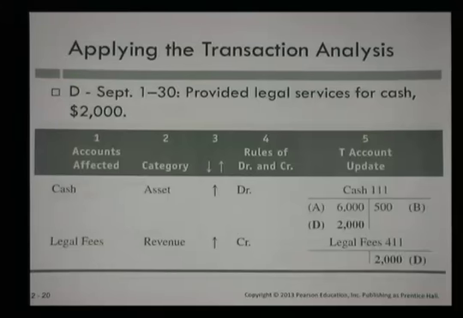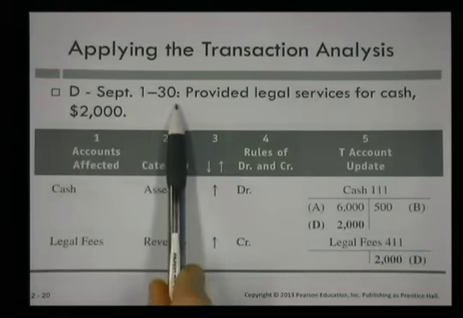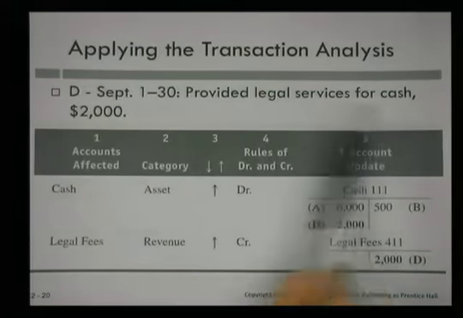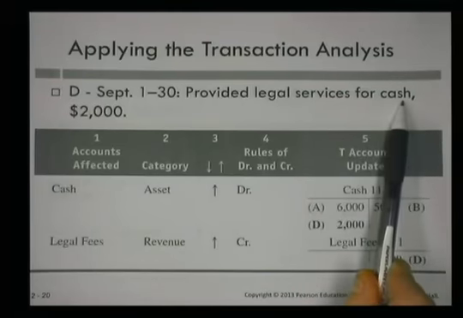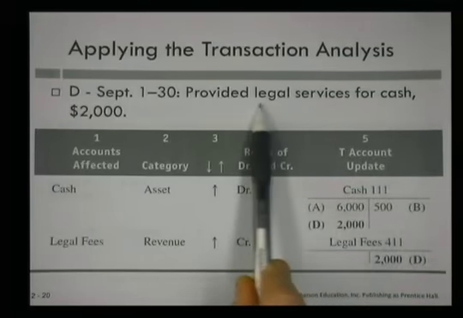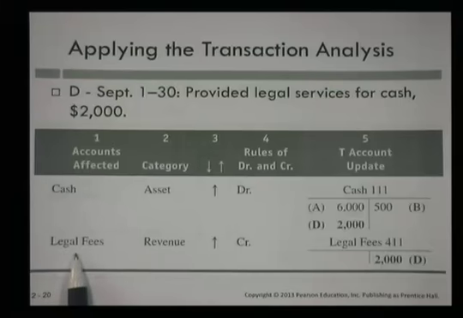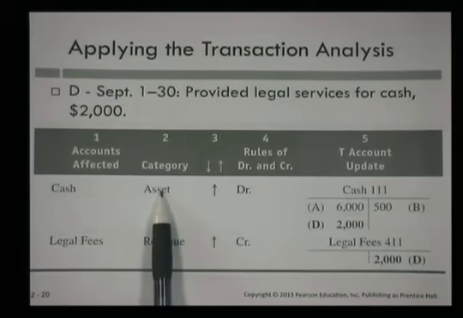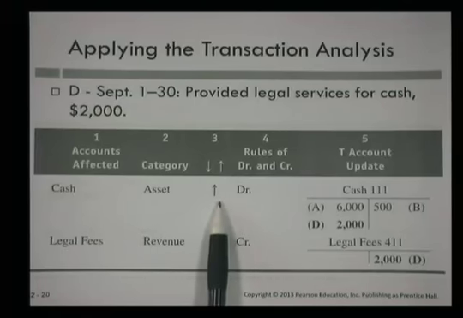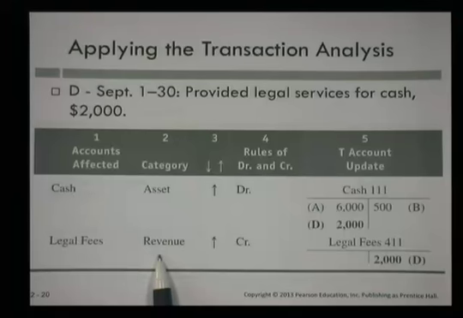Transaction D. Here I have September 1st or the 30th, provide legal services for cash, $2,000. 2 accounts affected, cash, and since it's legal services, our revenue account is called legal fees. Cash is an asset, legal fees is a revenue. Now I'm receiving money, so my cash is going to increase, and I'm increasing the amount of money I'm receiving from revenue.